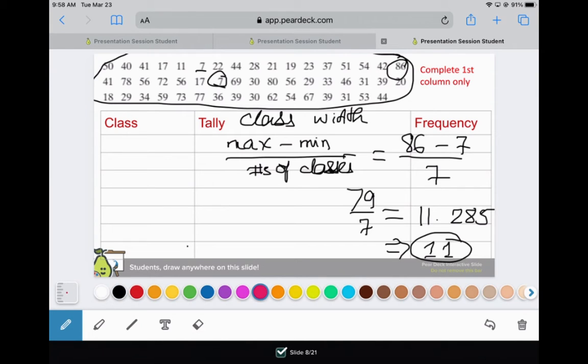Any questions for us on class width? Yes, Rita, the first class is correct. All right, so now we know that we're going to fill in the values for each class, right? We're going to start with the lower limit to the upper limit.